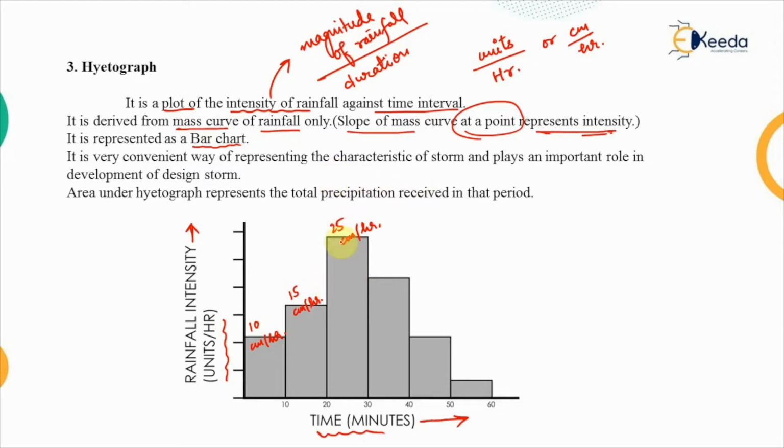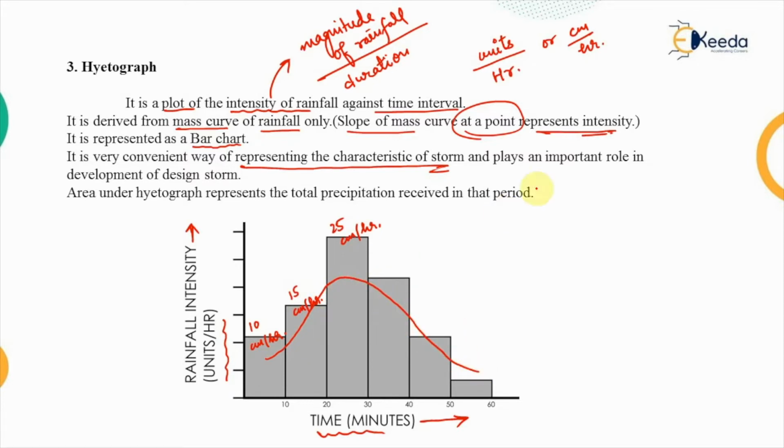Now what is the importance of this? This method is a very convenient way of representing the characteristics of any storm, because by looking at this data we can say that the storm is surging, and after that the storm will be passing out.